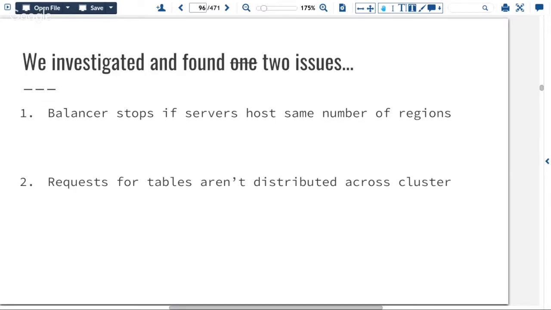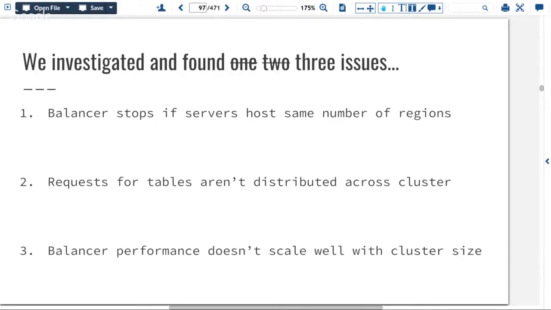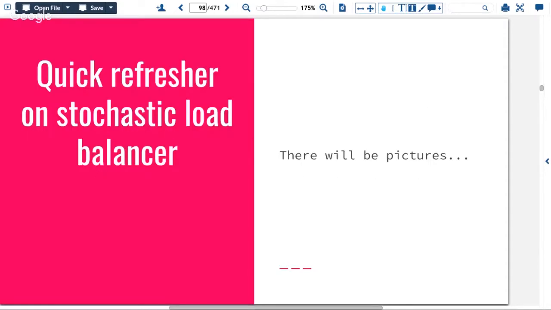The second issue was that requests for tables were not well distributed across the cluster. Lots of requests for particular tables were just hitting subsets of region servers when we would have expected those requests to be well distributed across the cluster for those tables. We also found that the balancer performance itself didn't scale so well with the cluster size. I'll talk a little bit more about each of these now.